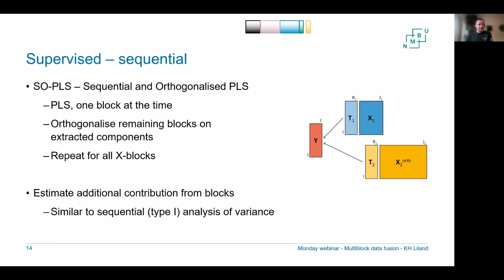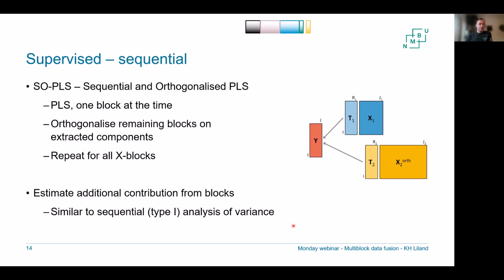Yeah, and we can then estimate the additional contribution from blocks. Every time we include a new block, we can tell how much we add to the model, which is very similar to a sequential type 1 analysis of variance. So we can set this up in the same manner. And there are many extensions also to this framework.